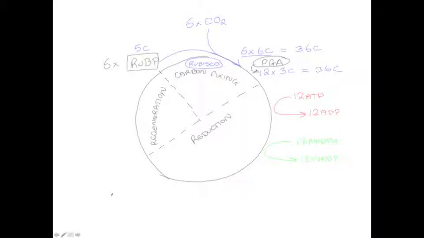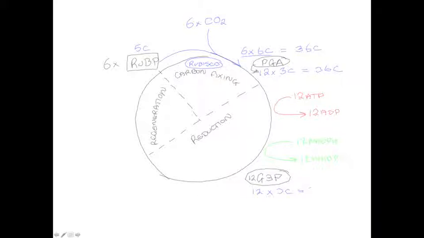After the energy is supplied and the 3-carbon molecule becomes reduced, it's now called glyceraldehyde 3-phosphate, or G3P. And we have 12 of these. Again, to track the carbons, we'll have 12 times 3 carbon molecules.